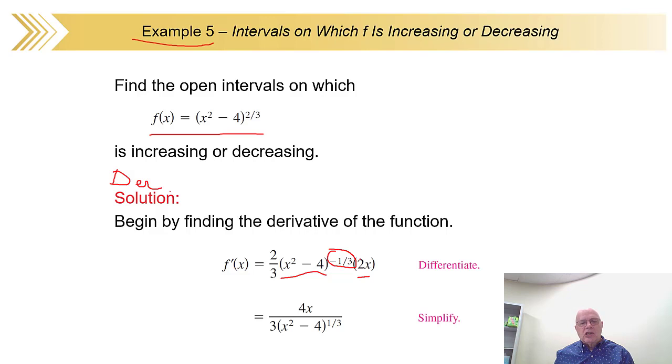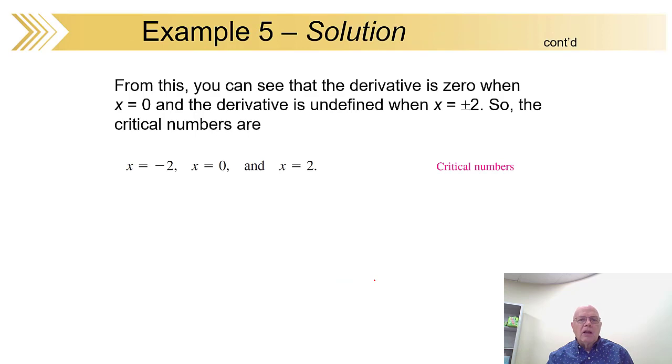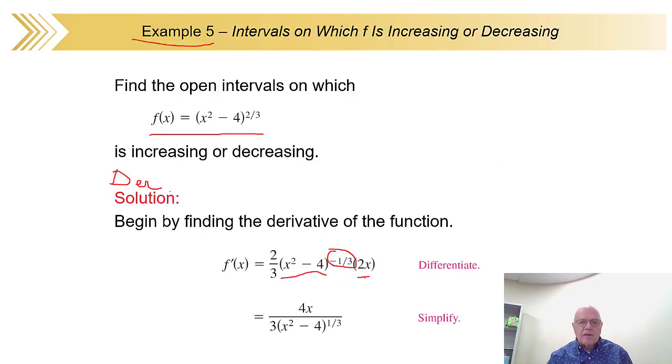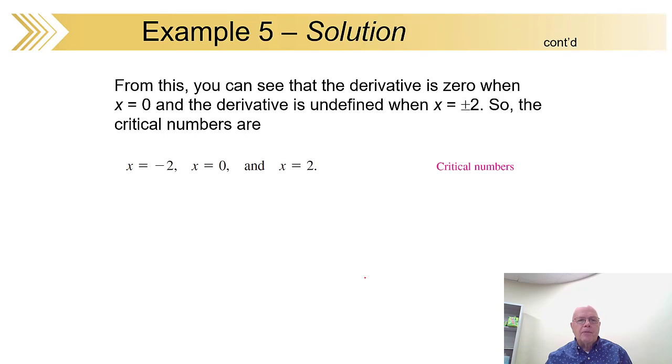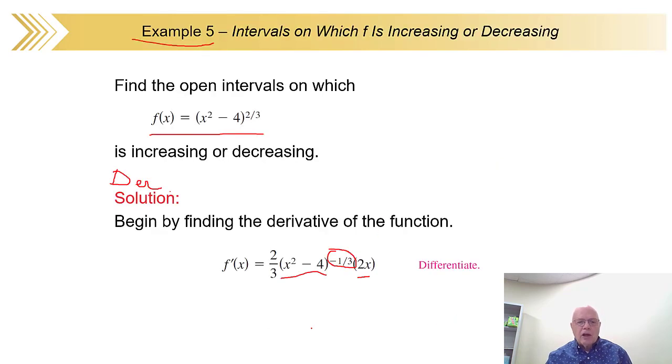There's a bit of simplification. That makes it look a little bit cleaner. So, from that derivative, look back here if you need to. Okay, first of all, the derivative is going to be 0 if the numerator is 0. So you can just set x equals 0, and 0 is going to be one of your critical numbers.